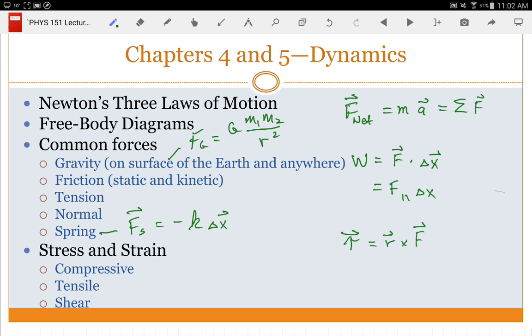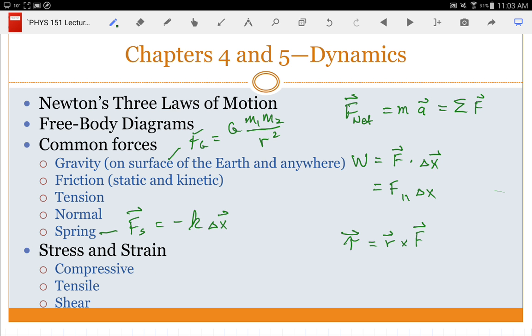Those bonds, within the range of stretching of a molecule, can be treated just like a spring, force equal to minus k delta x. And so the motion of the molecules can be treated as simple harmonic oscillation. And that's why you can do things like IR spectroscopy, where you're actually looking at energy being stored in vibration of bonds. You also have energy stored in other kinds of motion, but right now all we know about is vibration.